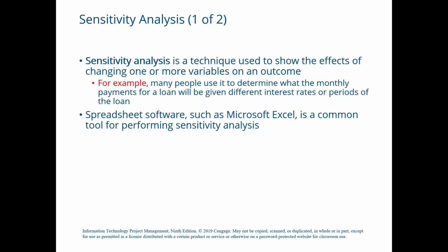Now, the third one is sensitivity analysis. Many people are familiar with using sensitivity analysis to see the effects of changing one or more variables on an outcome. For example, as shown here, many people use it to determine what the monthly payments for a loan will be given different interest rates or periods of the loan.